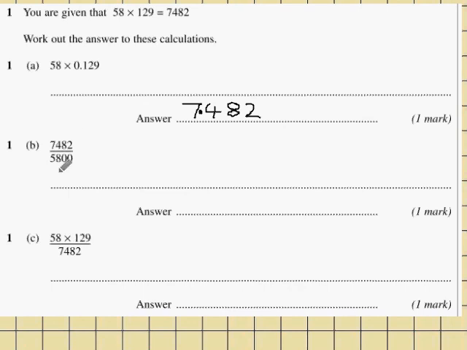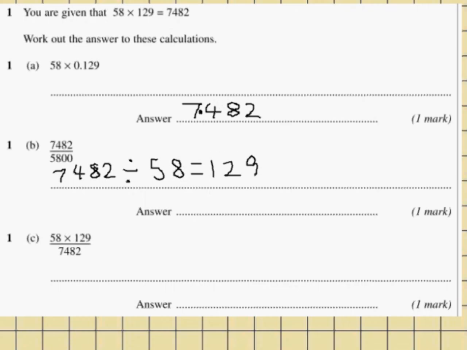We're told here, if 58 times 129 gives us 7482, then I know that 7482 divided by 58 is equal to 129, which is here. I know that because all I've done is rearranged it from multiplying to dividing.